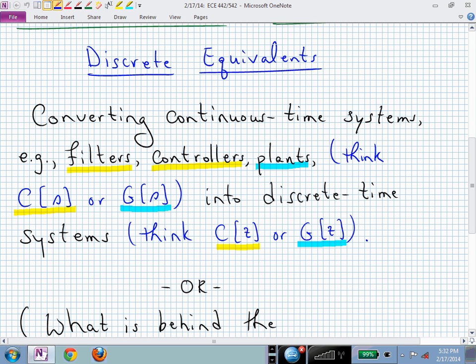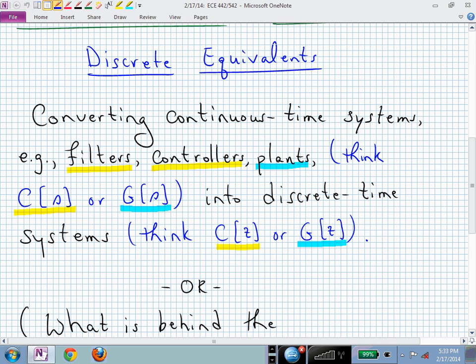We could be trying to convert filters or controllers that we already have. Maybe we have a fifth order analog filter and we want to implement that with a computer or with a microcontroller. How do we obtain from the filter transfer function, capital C of S, the capital C of Z? And then you know how to put that into a difference equation and run the numbers or program that into an algorithm that you could then use to generate these filtered responses given an input noisy signal.